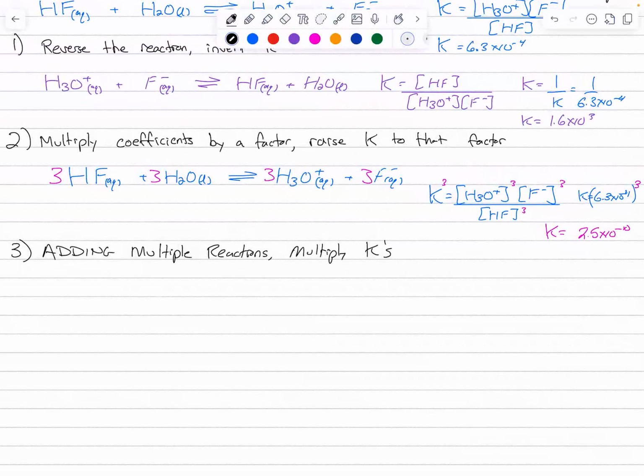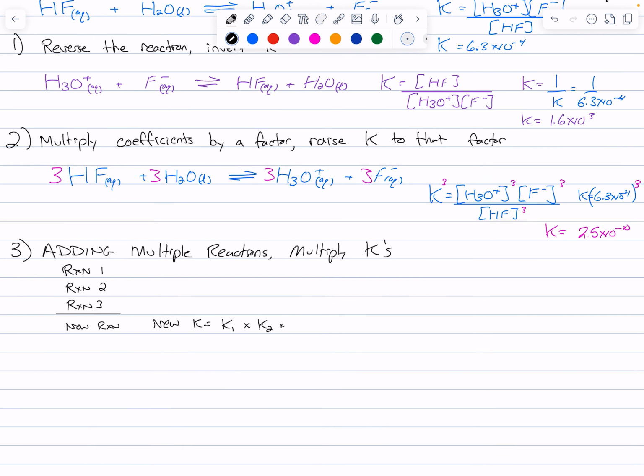What do I mean by that? If I have reaction 1, and so on, we add those up, you get a new reaction. The new K would be K1 times K2 times K3, because each reaction has an equilibrium constant.